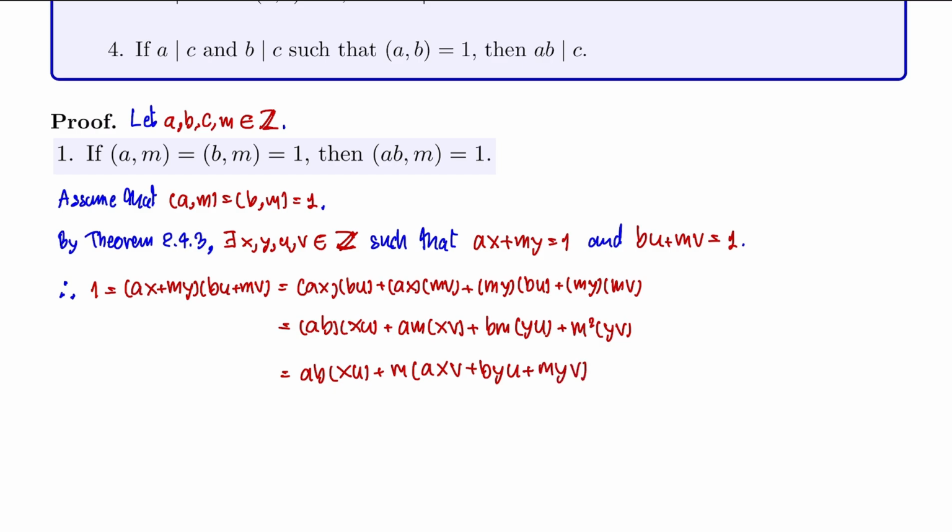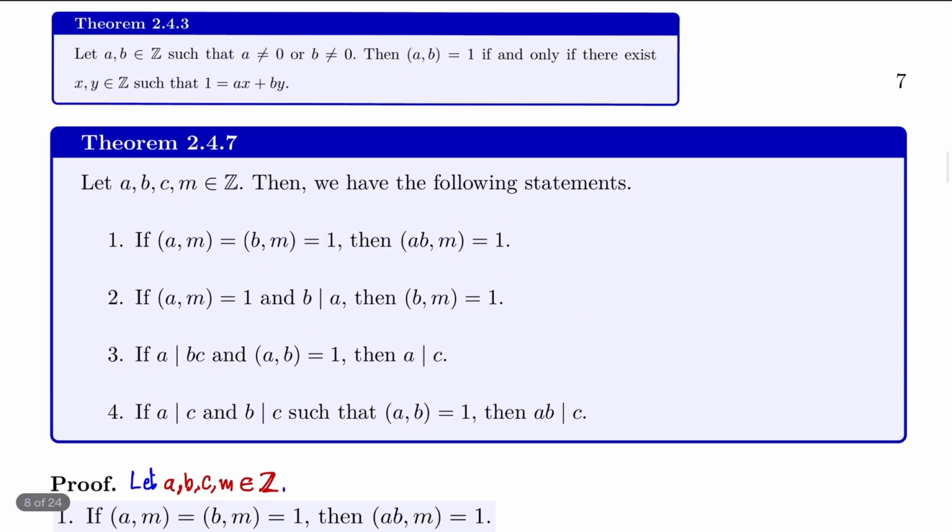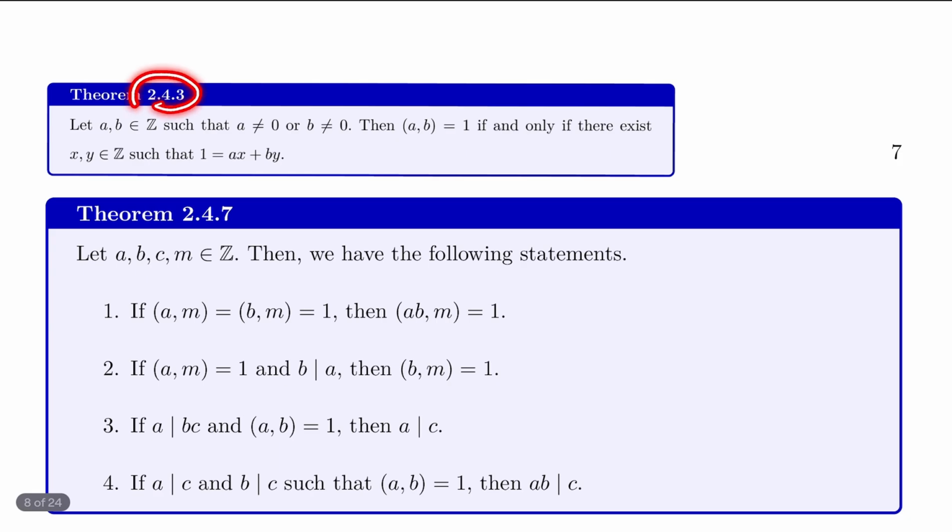Okay, so according to theorem 2.4.3, if the greatest common divisor of a and b equals 1, we can imply that there exist integers x and y such that ax plus by equals 1, right?